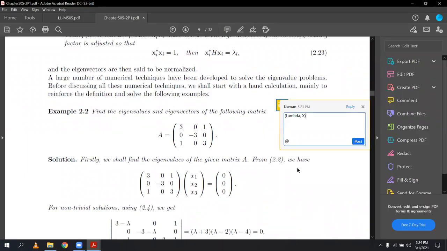We only discuss the real eigenvalue, not the complex eigenvalue, throughout our discussion. And X is the corresponding eigenvector, which we can find after finding the lambda.